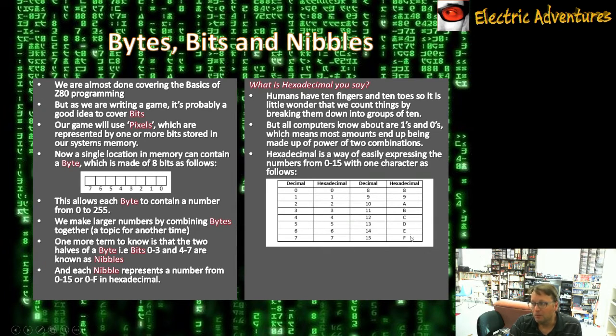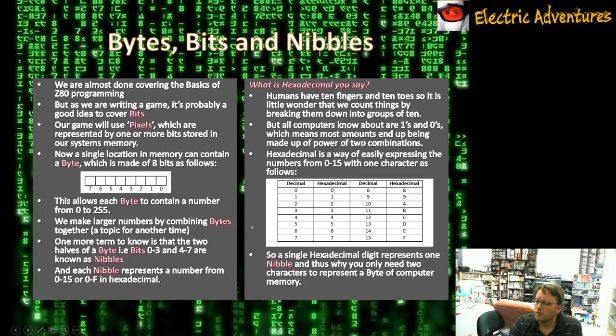And here's the table, which, sorry, had already popped up. It shows 0 to 9 is exactly the same in hexadecimal, but once you reach 10, we start using the first 6 letters of our alphabet, A to F. Combining them together, each letter represents a nibble, so it easily splits your 8-bit number into 2 halves, and you only need 2 characters to express up to 255.